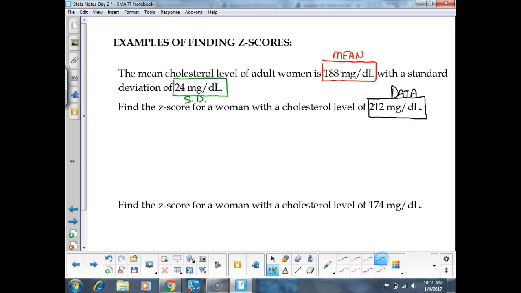So my z-score is going to be data minus mean divided by standard deviation.